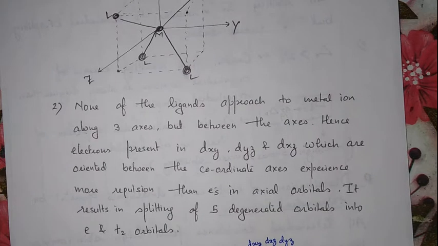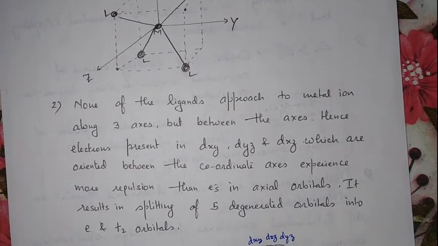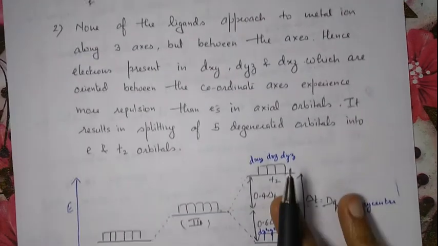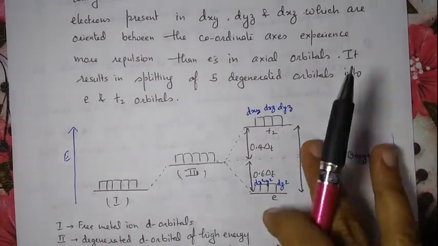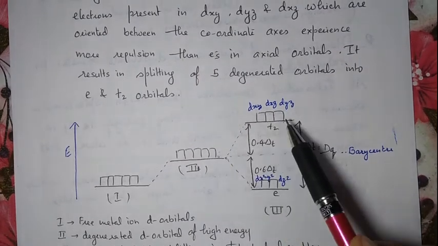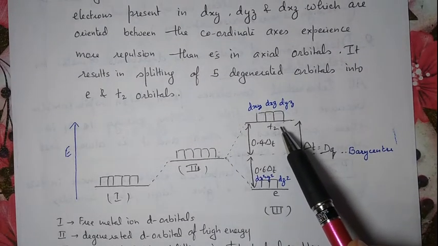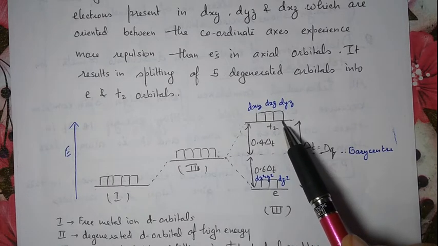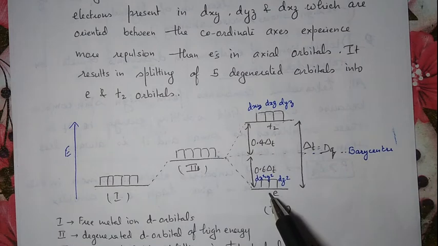The axial orbitals are called E orbitals, and the non-axial orbitals are called T2 orbitals, present at higher energy after splitting. The dz square and dx square minus y square orbitals are present at the lower energy.